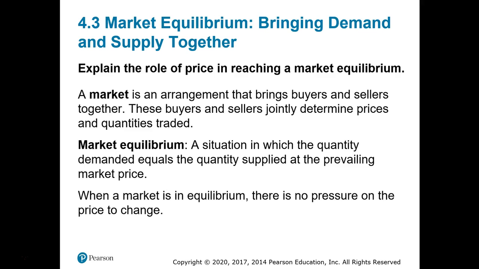And so when a market is in equilibrium, think of it as a seesaw, and you've got equal balance on each side of the board. At first, when demand jumps on, supply is high.